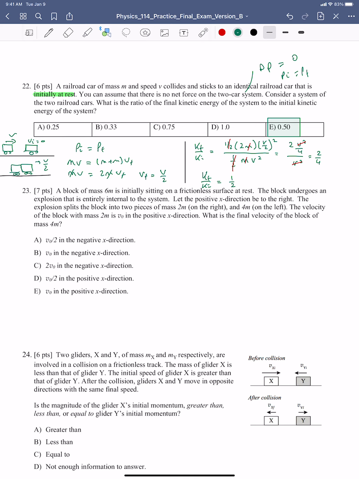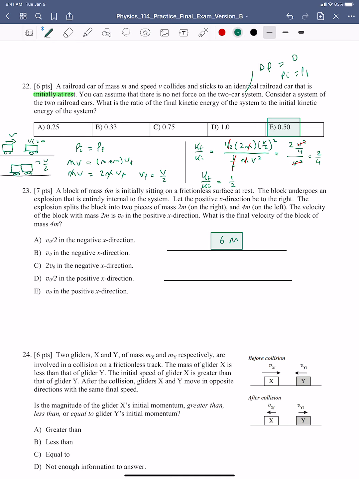Okay, so again, I'll draw a picture here. Initially we've got a block of mass 6m, and it undergoes an explosion. So the initial momentum of the system here is 0.